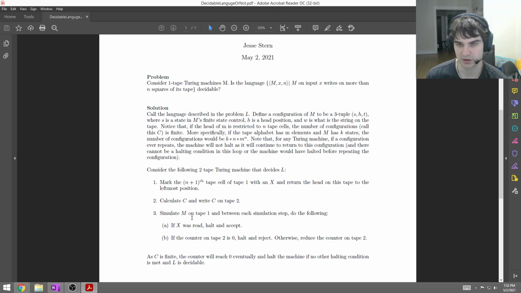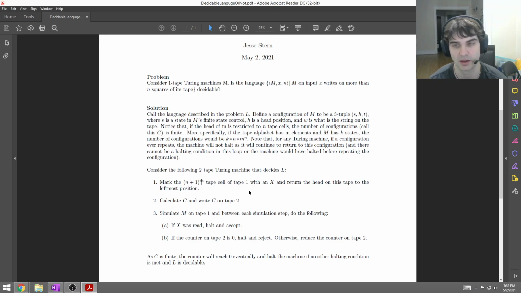And then the last thing I want to do is simulate M, which is the input machine, on tape 1, and between each simulation step do the following. If X was read, halt and accept, right? If I read X, what that means is I'm on the n+1th tape cell. Now, in fact, a Turing machine writes at every step. This is very important.